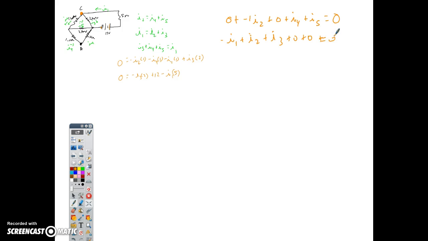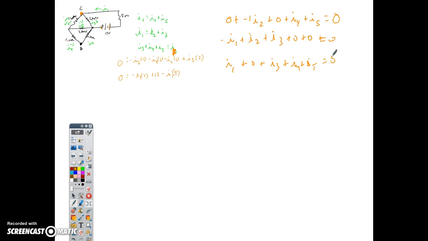Next equation can be written as, I better make sure I wrote this right. This is I3, this is I1. So that would be I1 is plus 0 plus I3 plus I4 plus I5 equals 0.